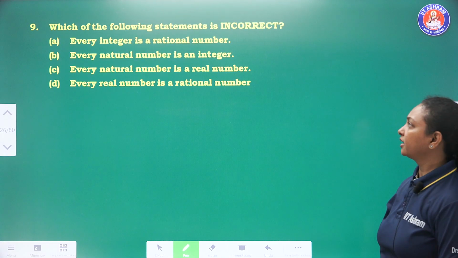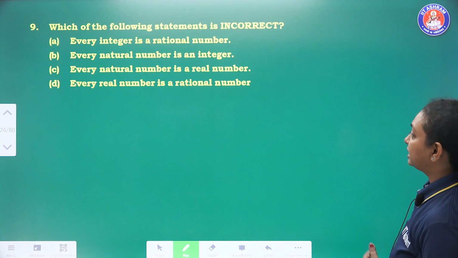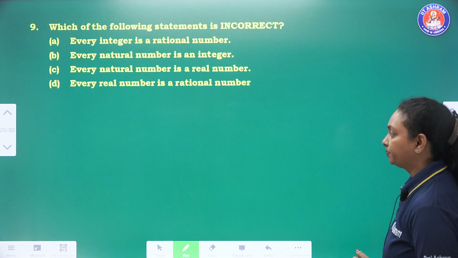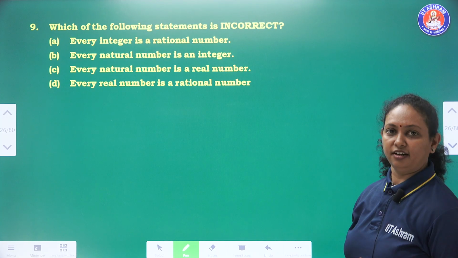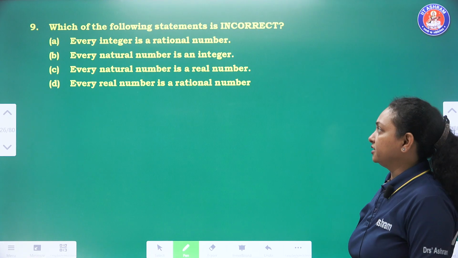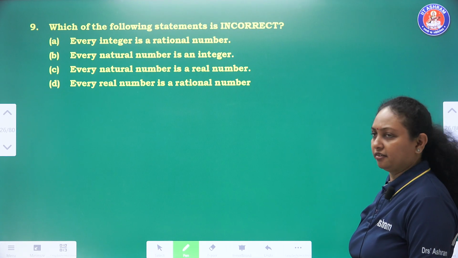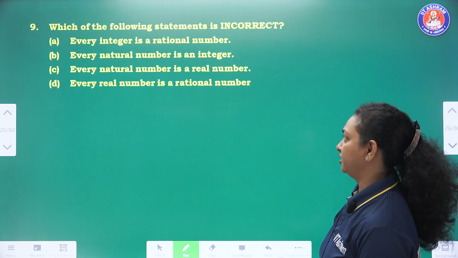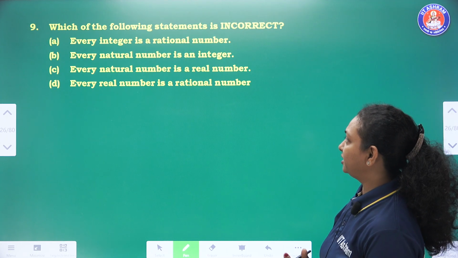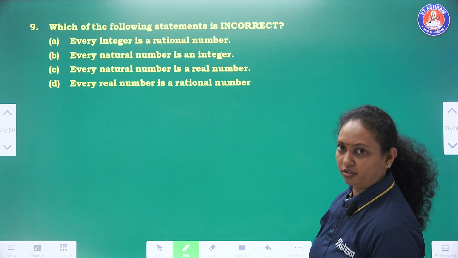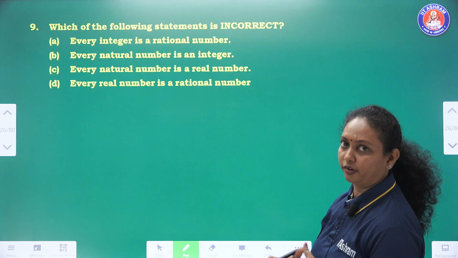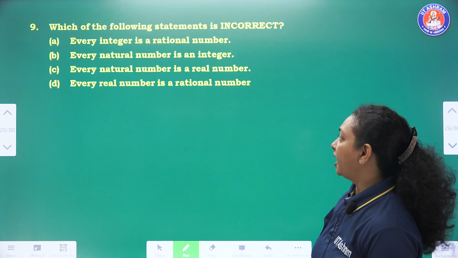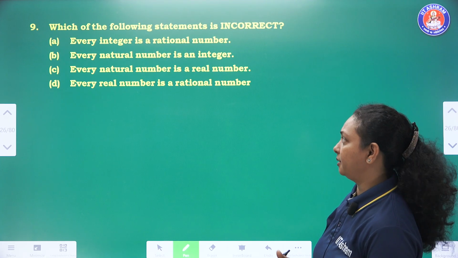Next is, which of the following statements is incorrect? Every integer is a rational number. Definitely all integers are rational numbers, right? The set of integers is a subset of rational numbers. Every natural number is an integer. Definitely all the counting numbers are part of integers, positive integers. Every natural number is a real number.